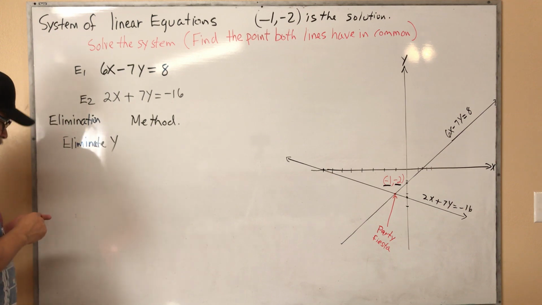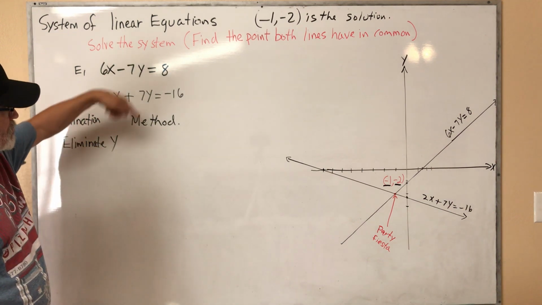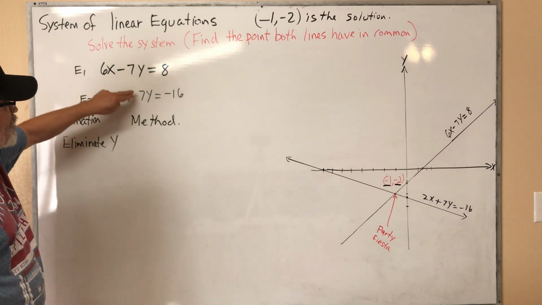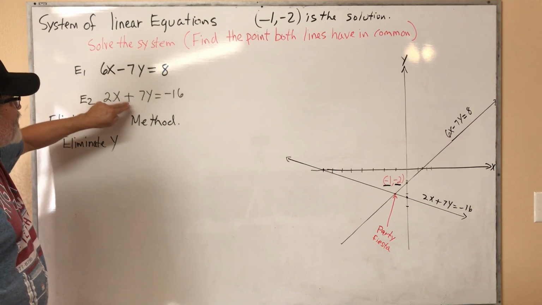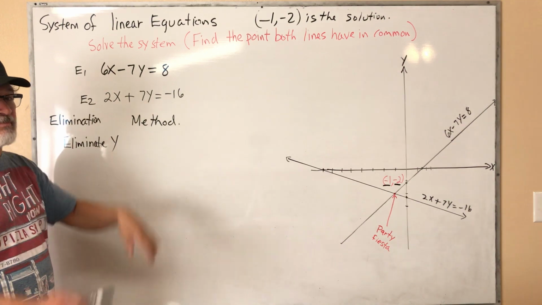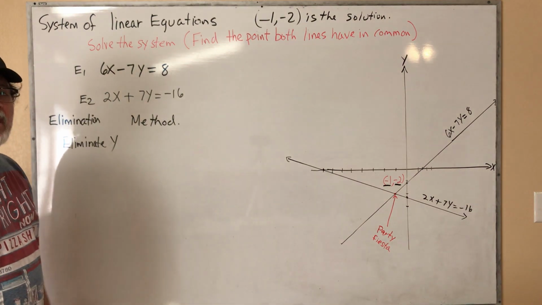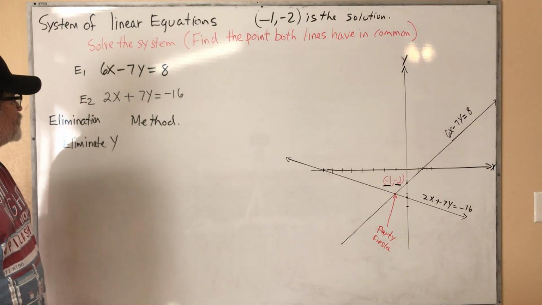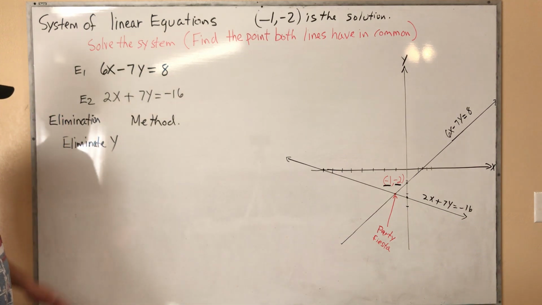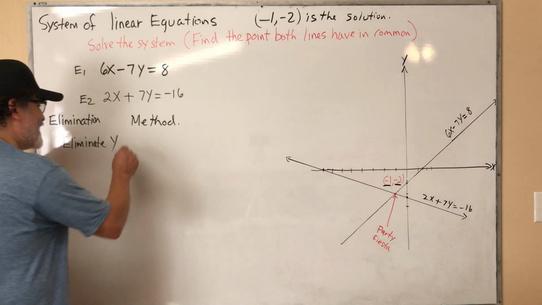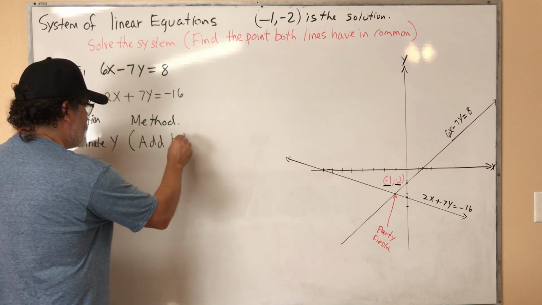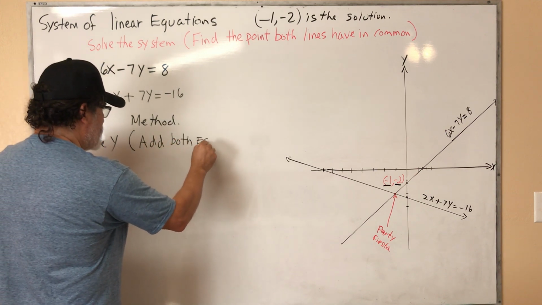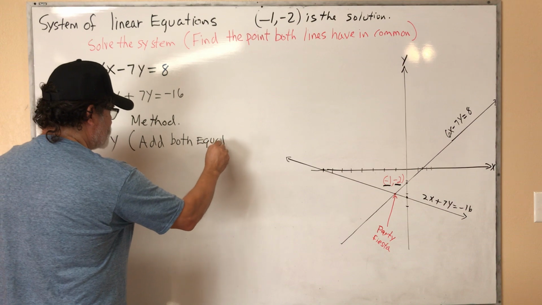This is negative 7y and this is positive 7y. Yes, that's the best way. How do you eliminate y? Like I said, add both equations.